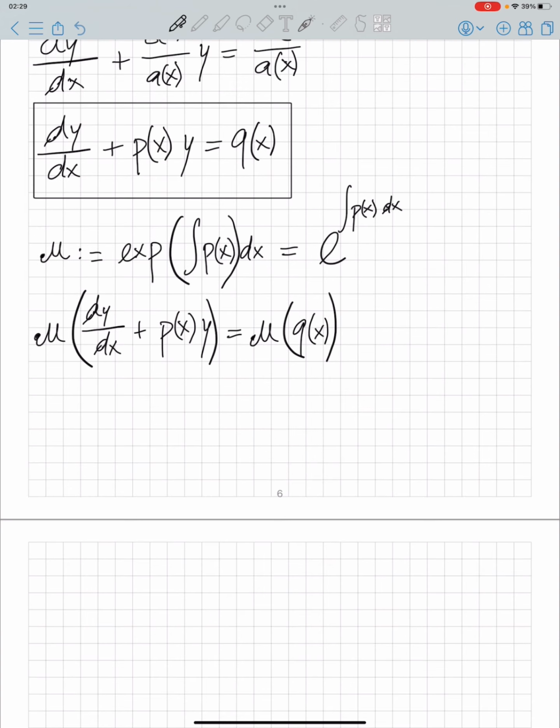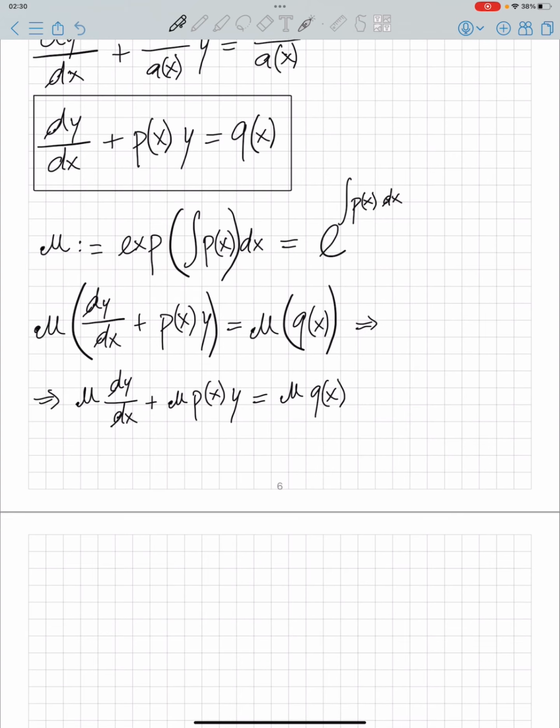Now we can multiply out and remove the brackets, right? So this implies that mu dy dx plus mu pxy is equal to mu q of x.